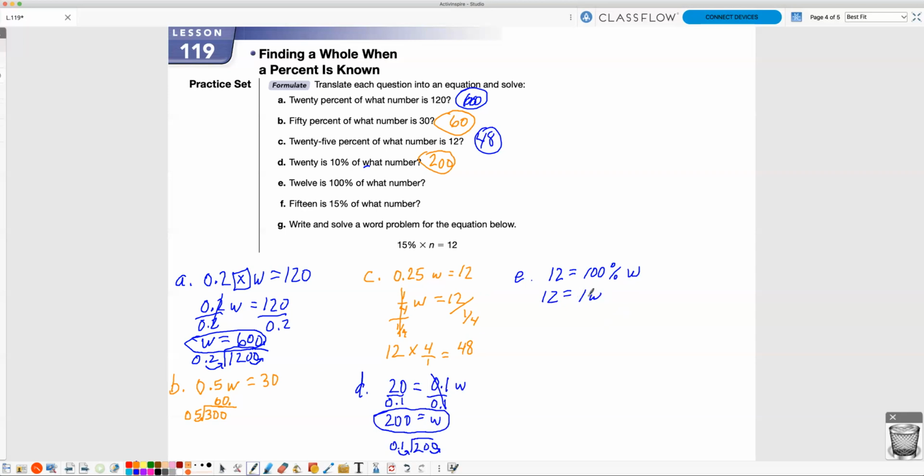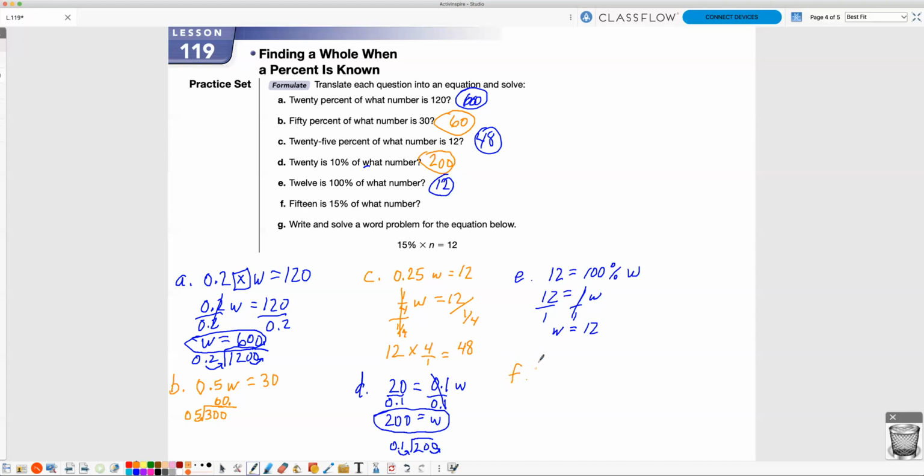Look at that. It looks like we're pretty much done here because 1 divided by 1 is that. 12 divided by 1 is that. So that means W has to equal 12. Almost like a trick question, isn't it? So 12 is 100% of 12. That one was probably something you figured out long before you did the math behind it.